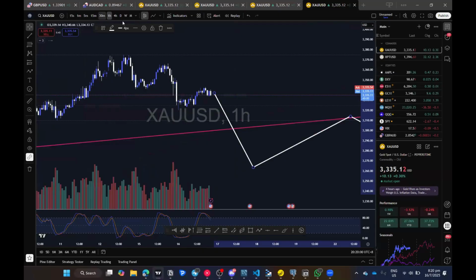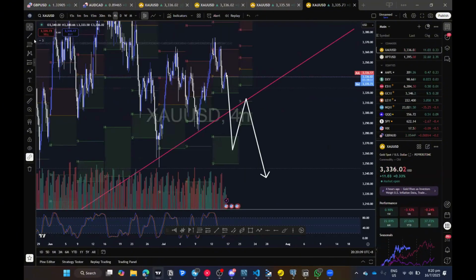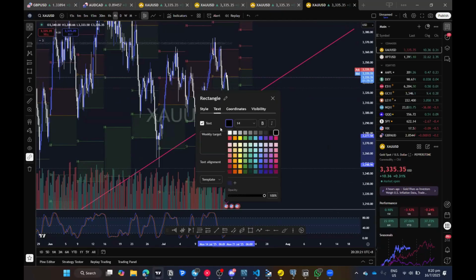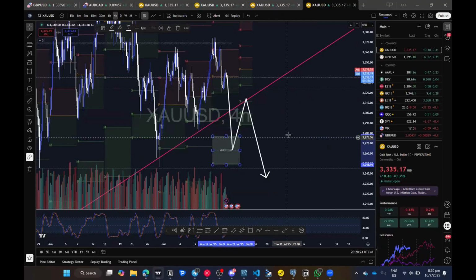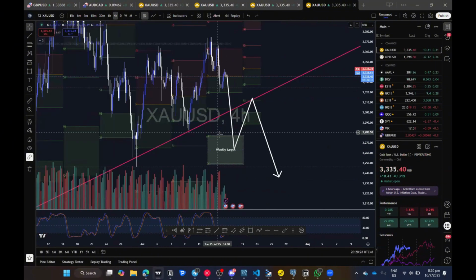Looking at the daily, this is kind of like the weekly plan. If we break towards the weekly target, let's just highlight this area. This area here is our weekly target. If we do in fact get down into this area, next week would be a sell week for XAUUSD.